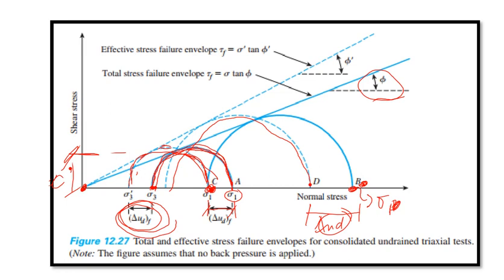So, ito yung magiging failure envelope natin for our effective. So, tangent dito sa ating effective Mohr circle and yung total stress failure envelope naman natin is yung itong line na ito. Tangent doon sa ating total Mohr circle.